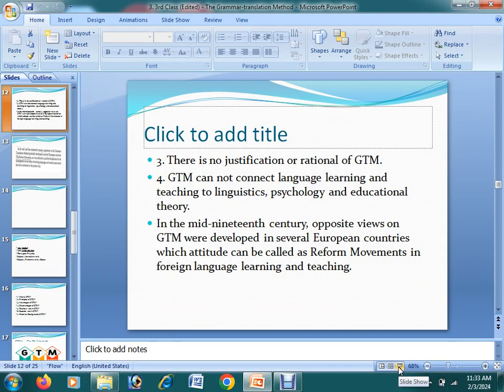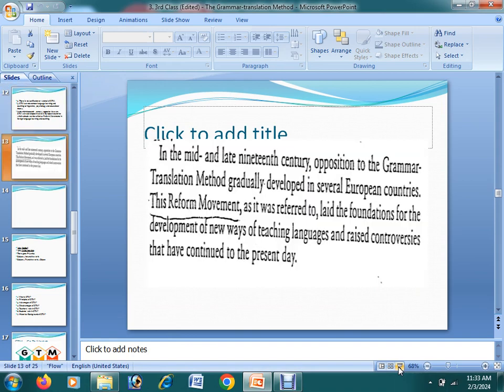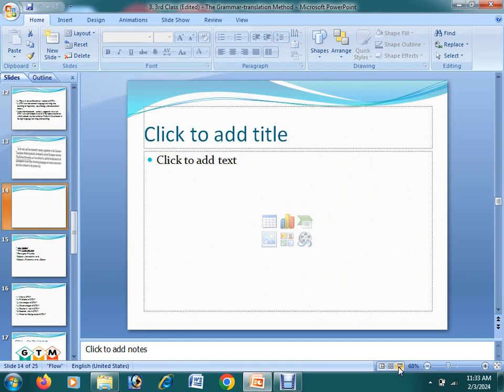So that was the scenario of the English grammar translation method, and in such a way it started its journey. It has a history, and it has some positive sides and some negative sides.